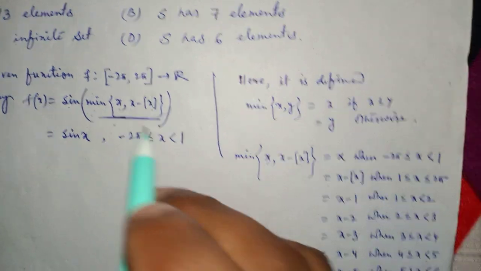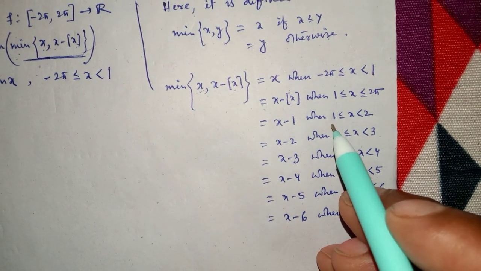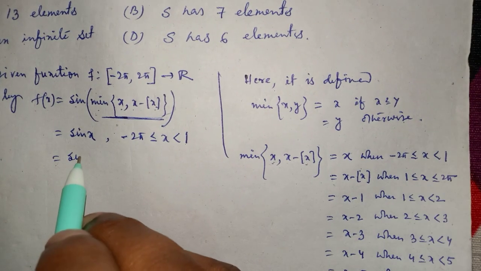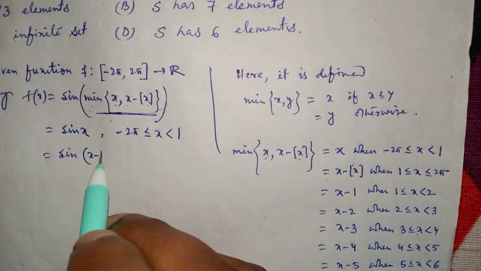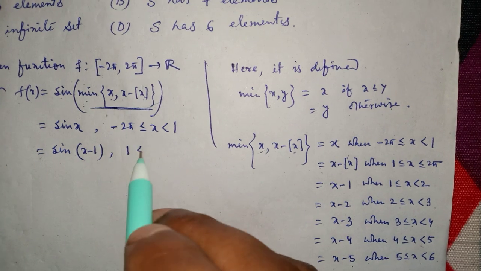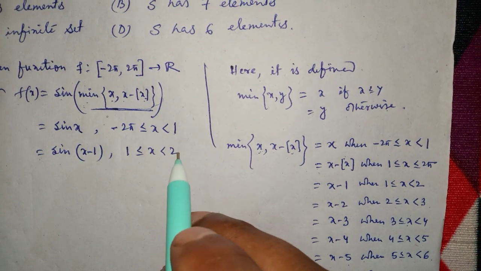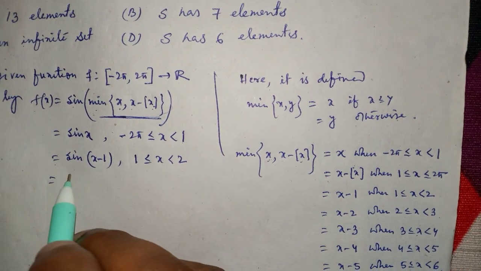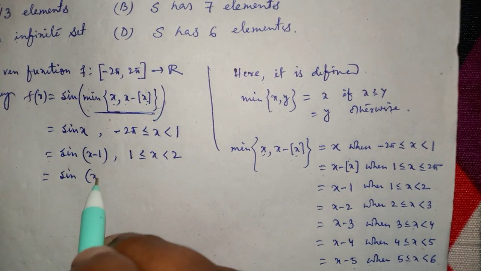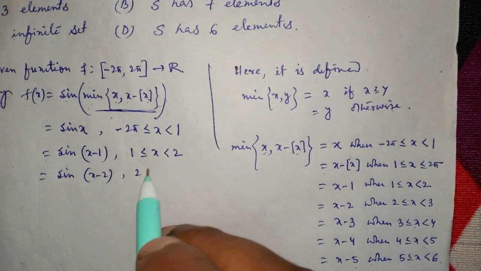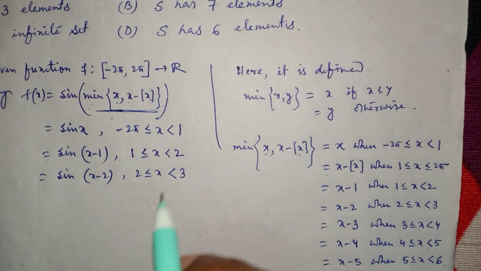This equals sine of x minus 1 when 1 lesser equal to x less than 2. Similarly, sine of x minus 2 when 2 lesser equal to x less than 3.